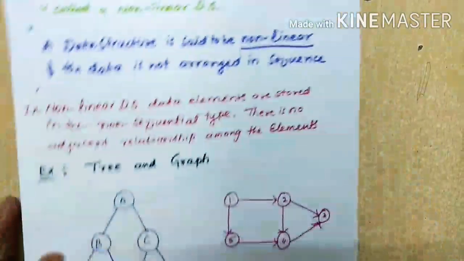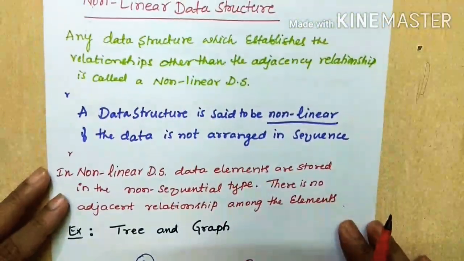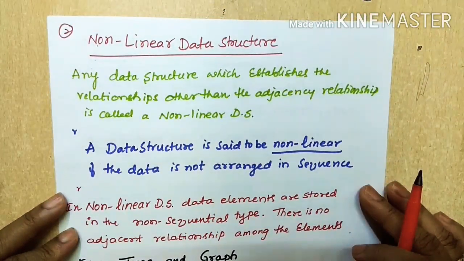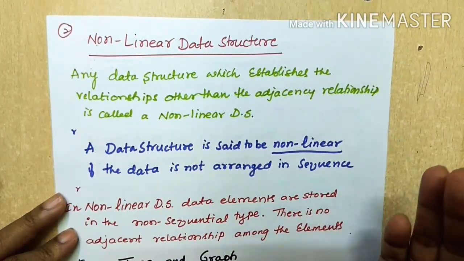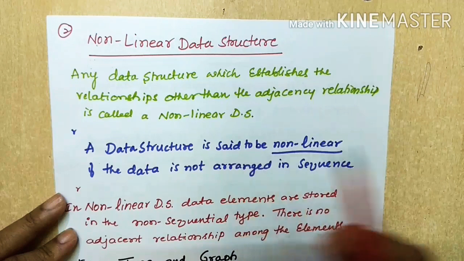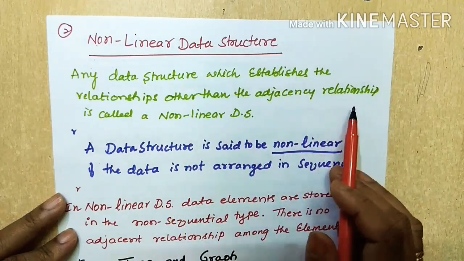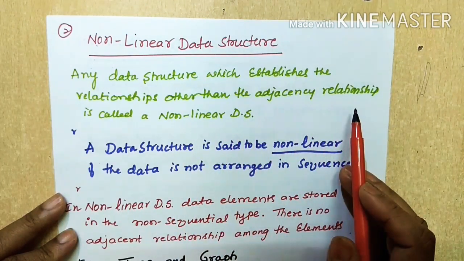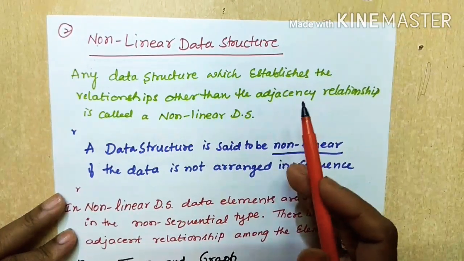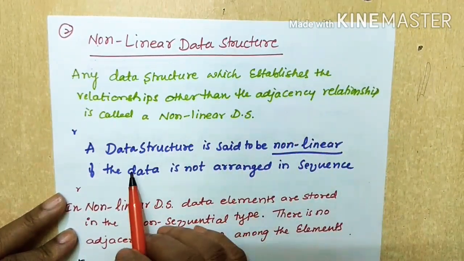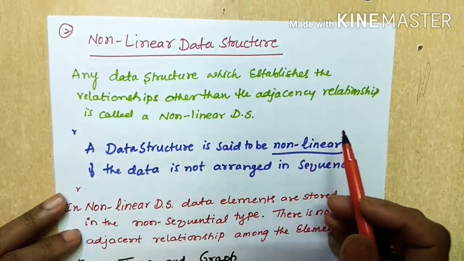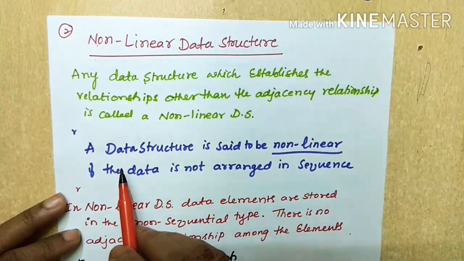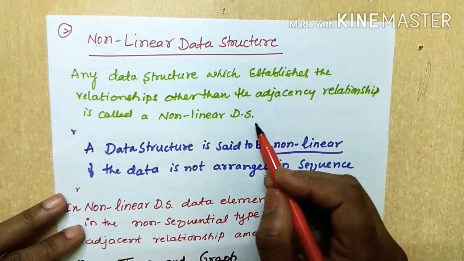In today's session, let us discuss non-linear data structure. Linear means the data elements are arranged one next to another. Non-linear means the data structure whose elements are not arranged continuously.